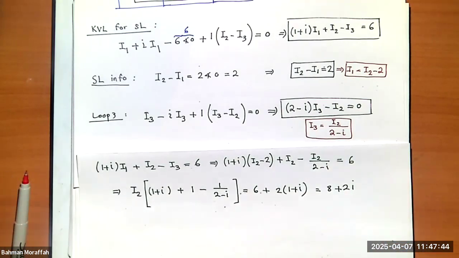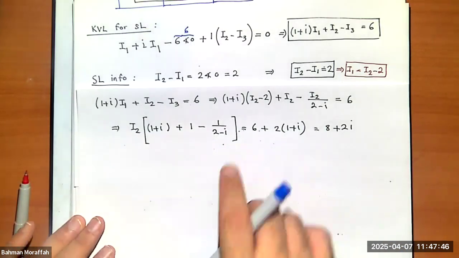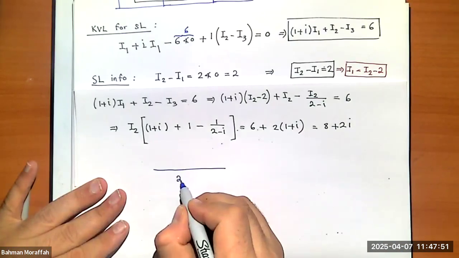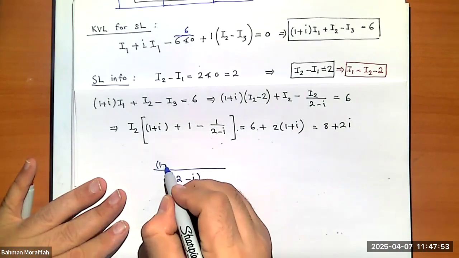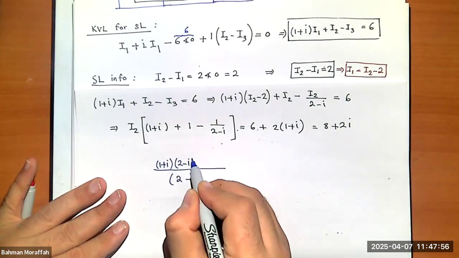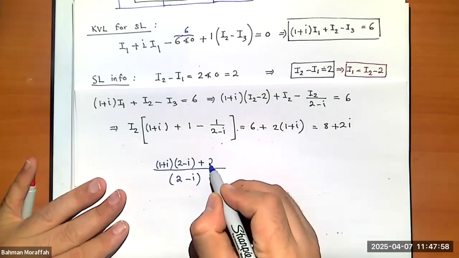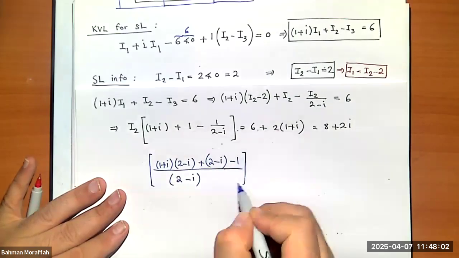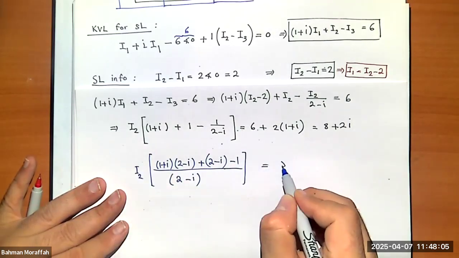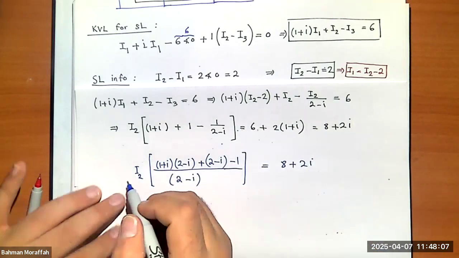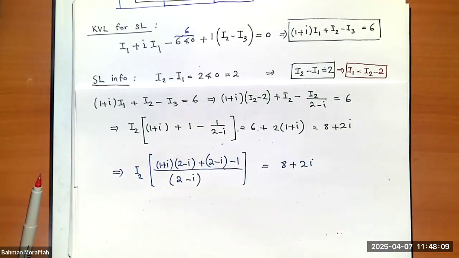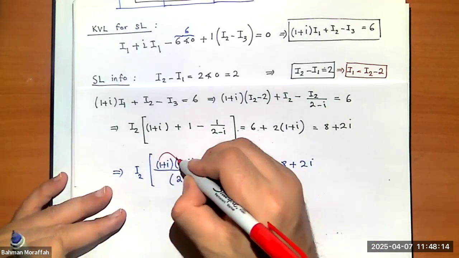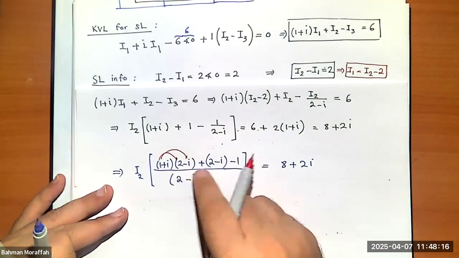To deal with this, I'm going to have to find a common denominator, which is 2 minus I. So I have (1 plus I) times (2 minus I) plus (2 minus I) minus 1, the whole thing times I2. That must be 8 plus 2I. I need to distribute this over here and distribute I over here.